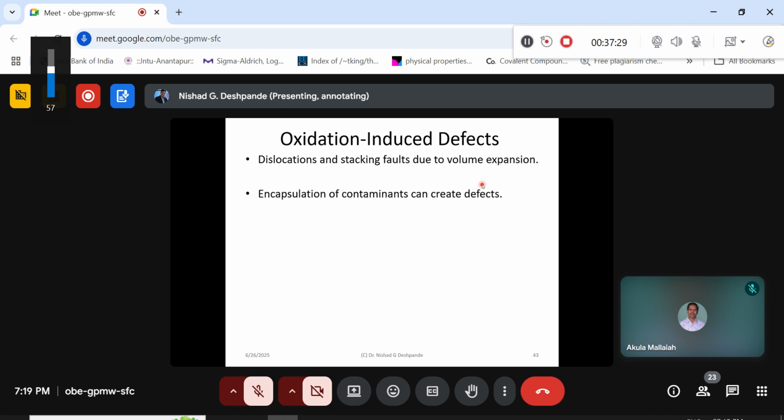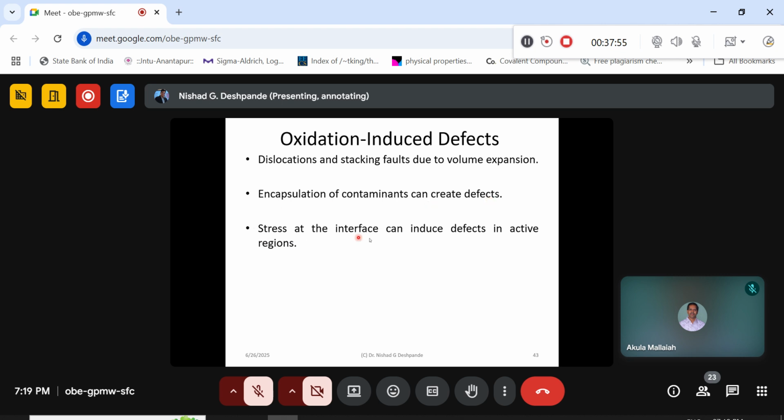Again, this particular encapsulation of your contaminants can create defects. Whenever we talk about oxidation, that is what the encapsulation is done. But then this encapsulation can again create defects in the surface or at the interfaces.